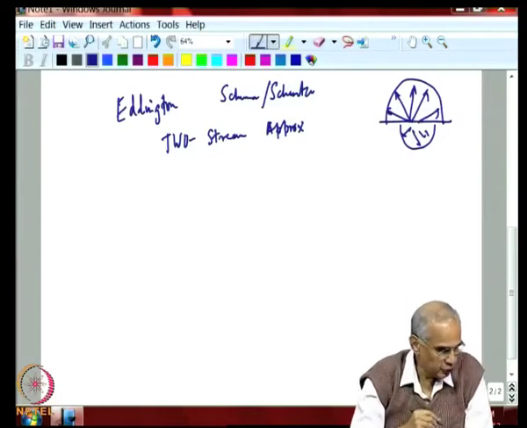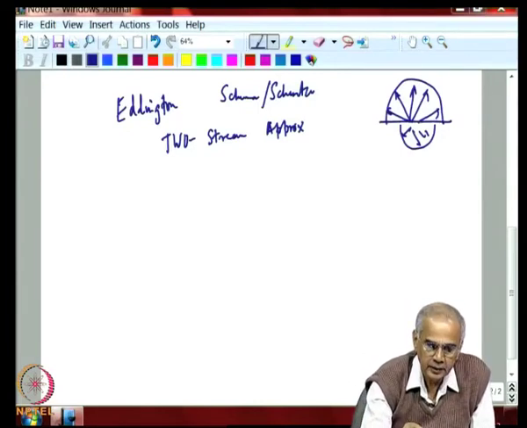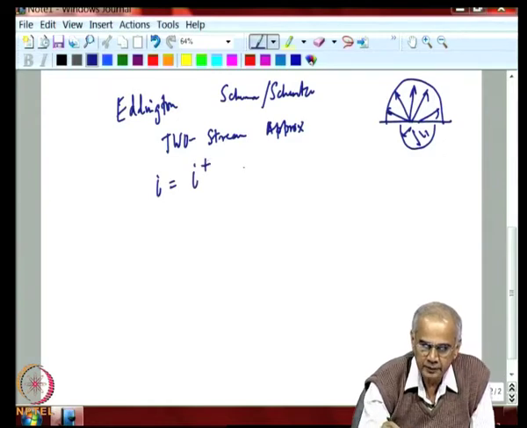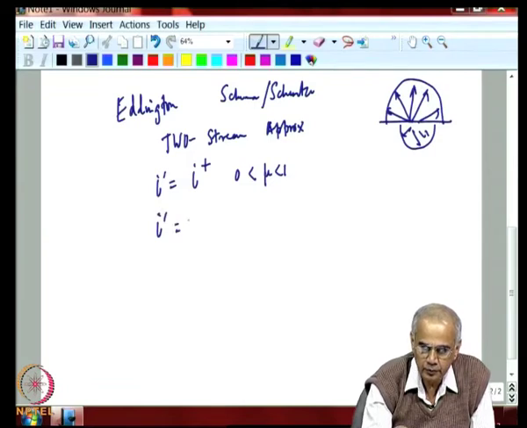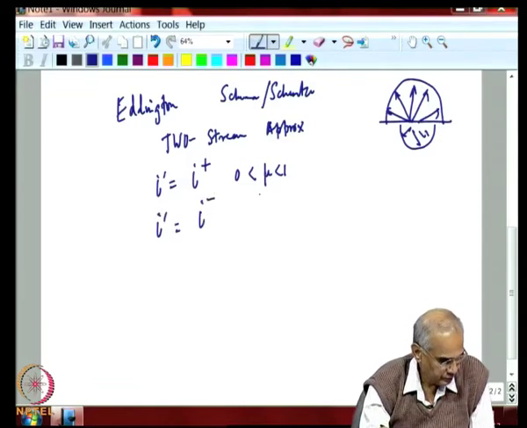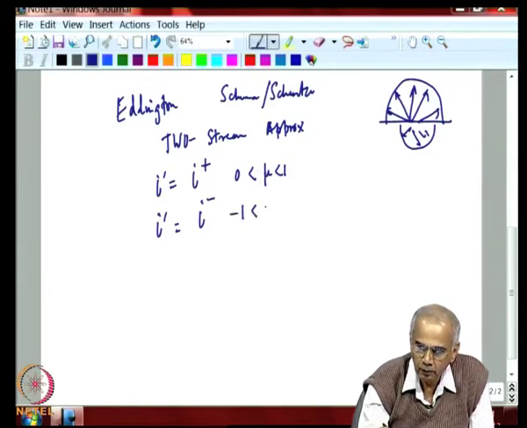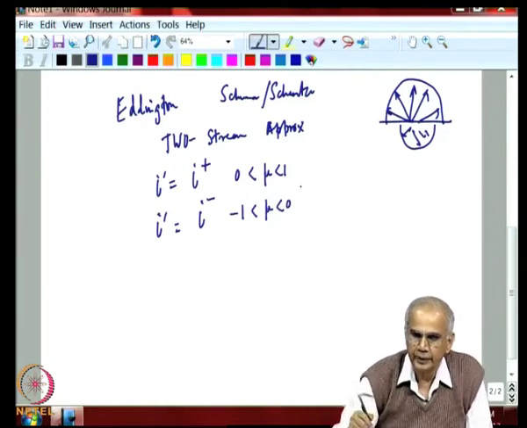Okay. So, in the 2-stream model, what you are doing is the intensity in the upward direction is a quantity called I plus, which is valid for mu from 0 to 1, essentially in this coordinate, and intensity I prime is equal to I minus, and that involves all downward going streams.